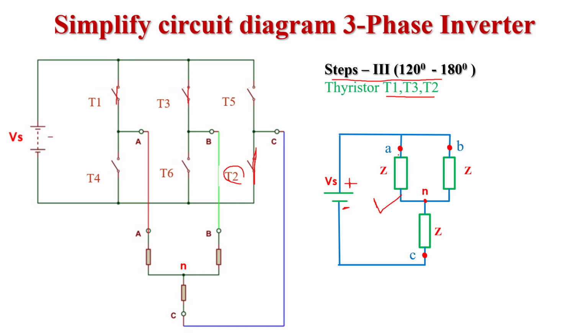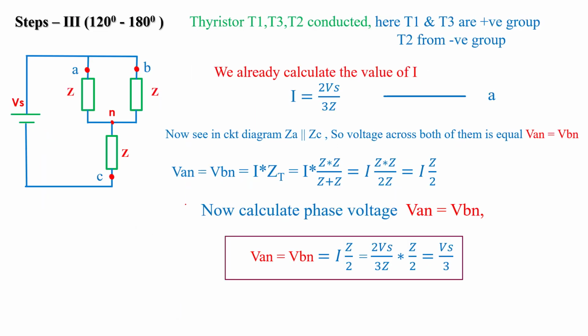Now we calculate the phase voltages VAN, VBN and VCN. We already calculated the value of I, the supply current, from equation A. We know that phase A and phase B are in parallel, so the voltage across both phases is equal. So VAN equals VBN, which equals I multiplied by Z equivalent. How do we calculate Z equivalent?